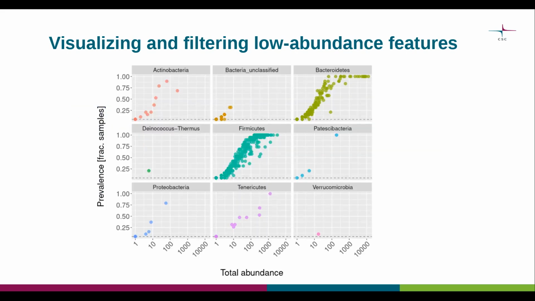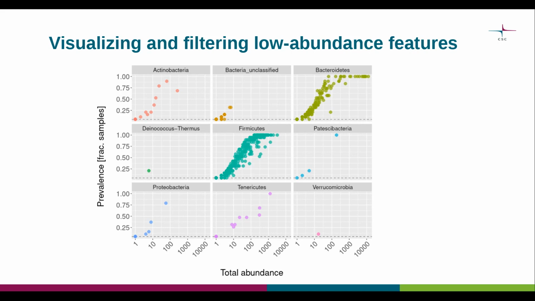The figure shown on this slide is a prevalence plot that can be used to visually estimate a suitable prevalence filtering threshold. The x-axis shows total read numbers displayed logarithmically with values of 1, 10, 100, and up to 10,000.